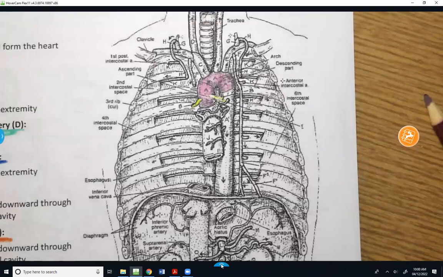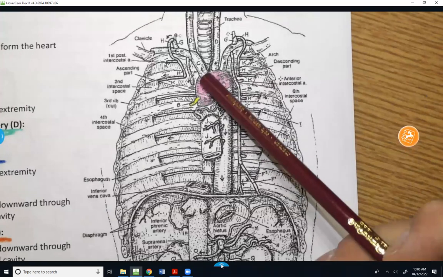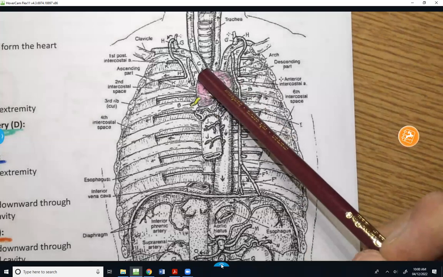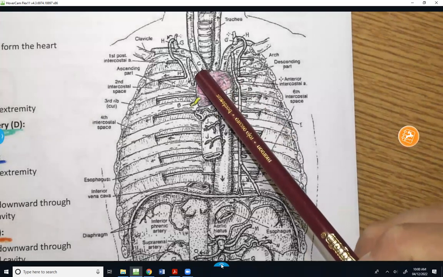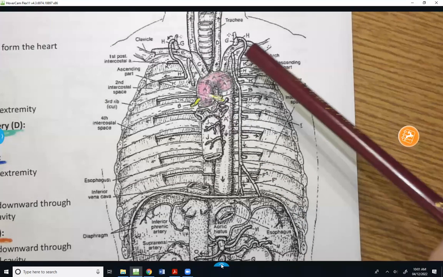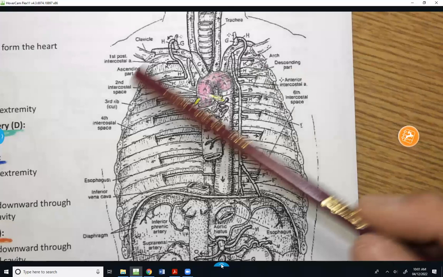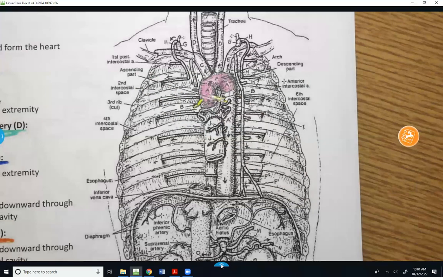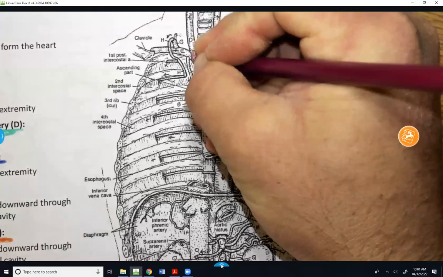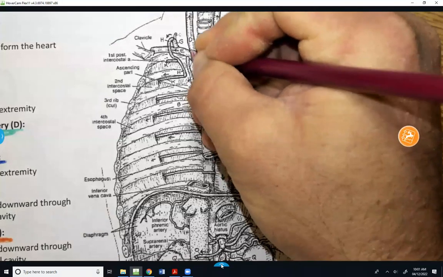All right, now since the aorta comes up and more over to the left side, we have a letter C artery here, which is one of the rare instances from here on where we don't see it having a matching side on the other side of the chest. And by that I mean there's only one of these brachiocephalic arteries.